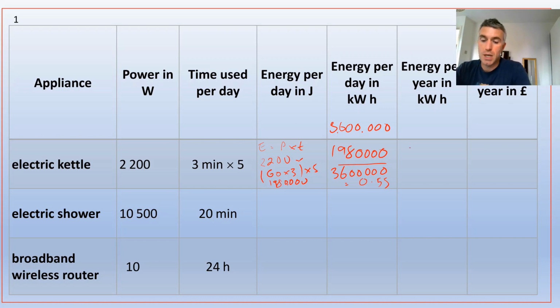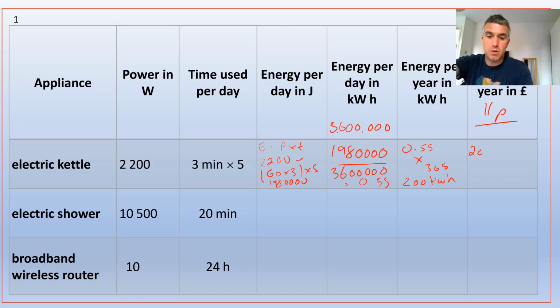If we do it for the whole year, 0.55 times 365 gives you 200 kilowatt hours. And a kilowatt hour is roughly 11p per kilowatt hour.